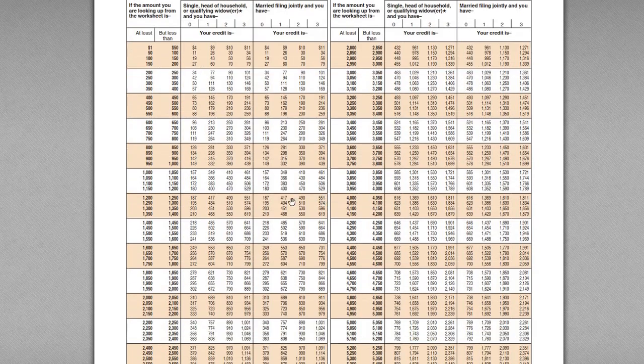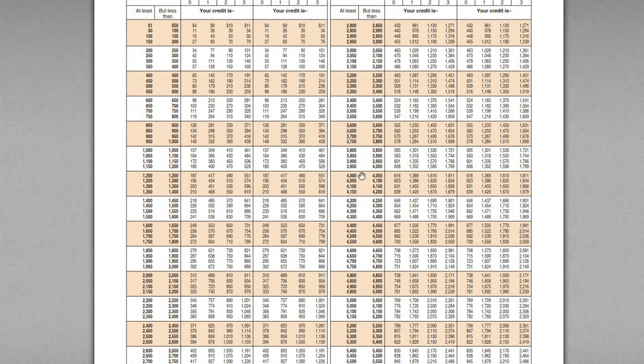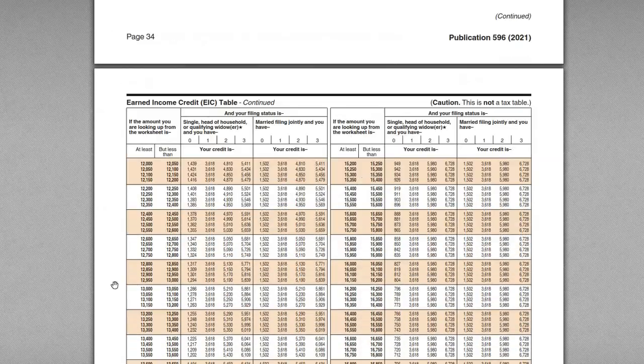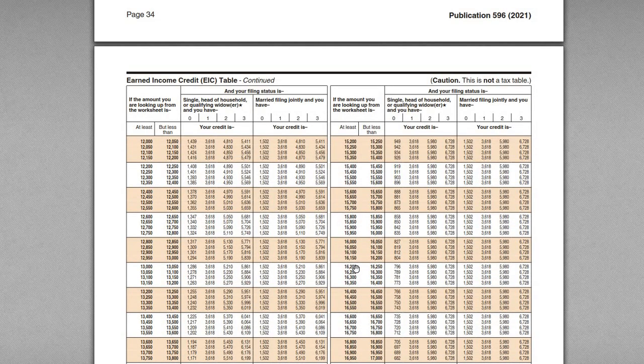So note here that the credit is all over the place, right? The amount of credit that you can take is very specific. It depends on what range your income falls within and how many qualifying children you have on your tax return for that given year. And these income ranges, you'll note they're all in $50 increments. So you're going to find yourself scrolling down perhaps quite a bit to find exactly what range your income is.